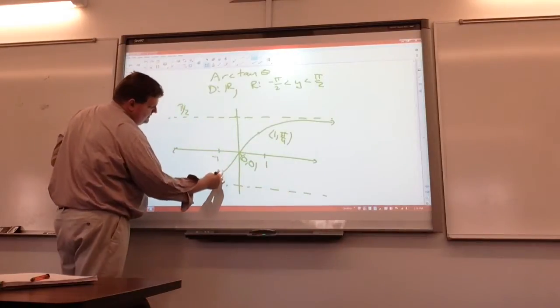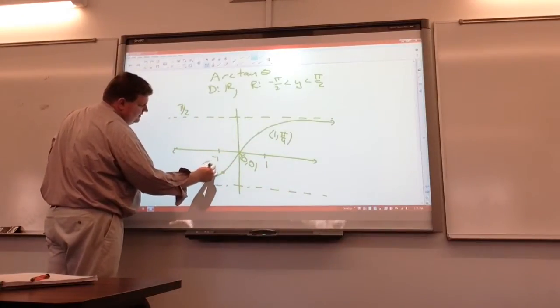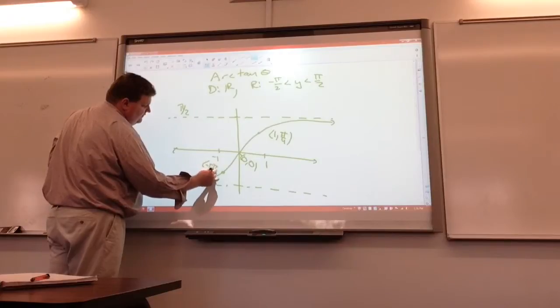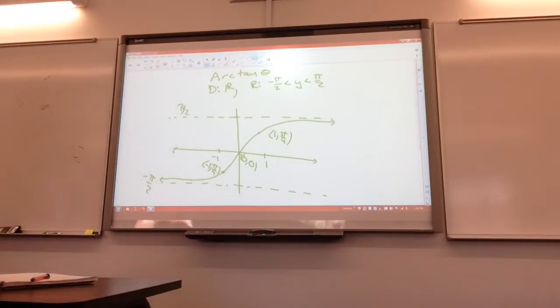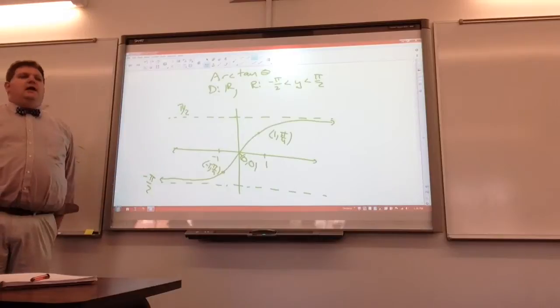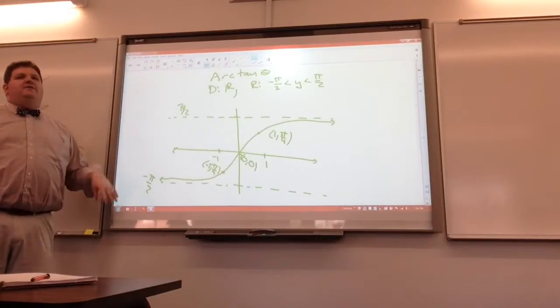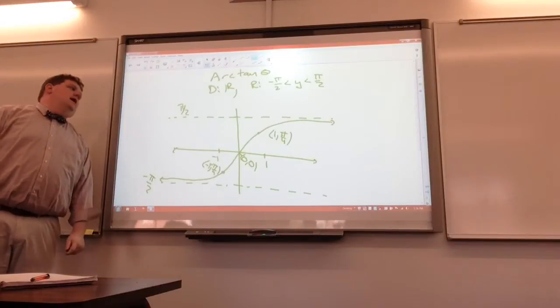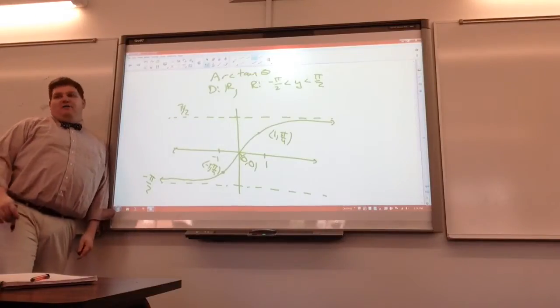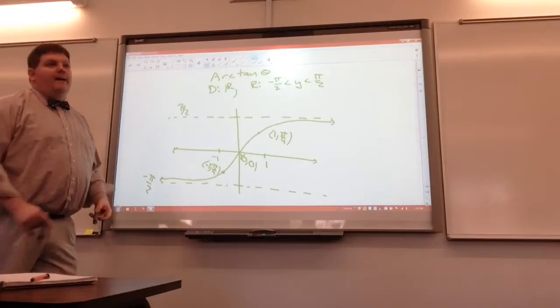And down here, negative 1, negative pi over 4. Like so, it just keeps going and going. Everyone see that one? So this one doesn't end. That's because the values can get bigger and bigger, but they'll never reach pi over 2, if you will.